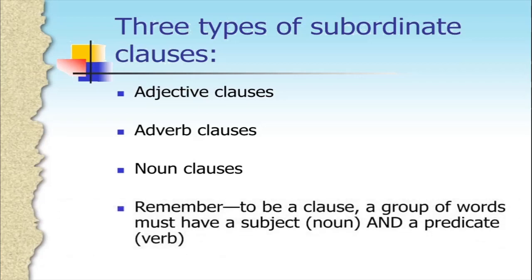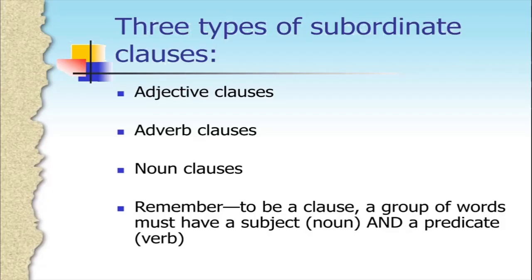But remember, to be a clause, a group of words must have a subject and a predicate. A subject is a noun and a predicate is the verb. So remember, if it doesn't have a subject and a predicate, it is not a clause, it is a phrase. Okay? So this is what we are going to remember always, and keep it at the back of your head when you're learning about the different types of clauses also.